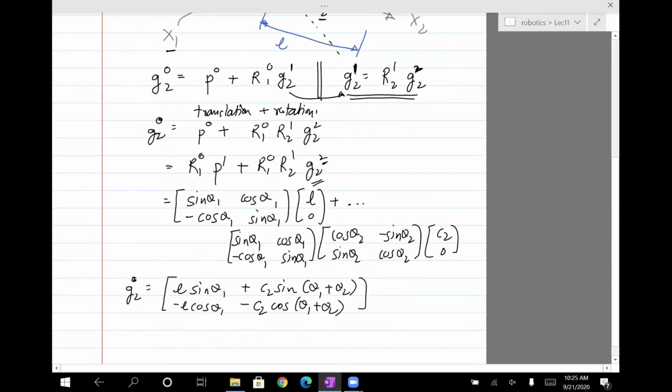Okay, so if you want, let me just write it as xg2_0, yg2_0, because that's going to be our notation for the position of point G in frame 0.